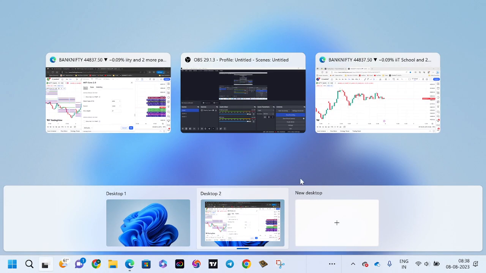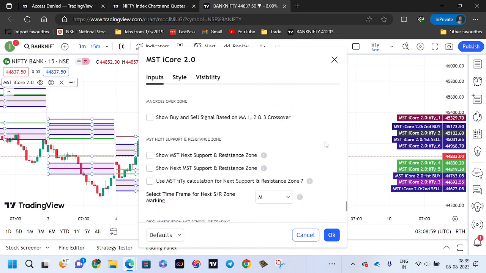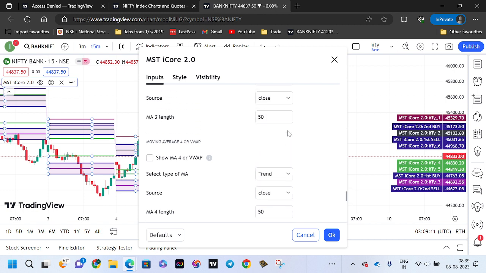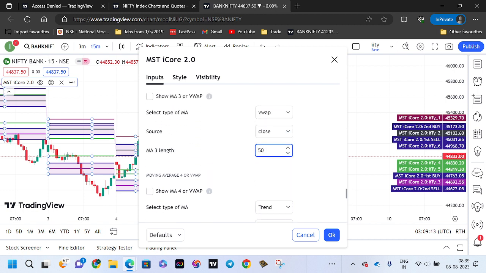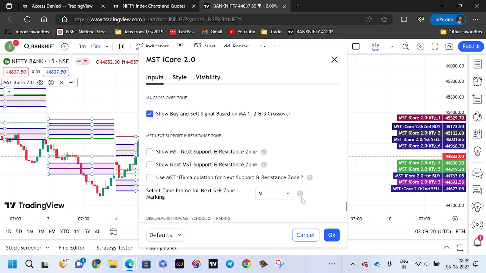Then another one, the moving average crossover strategy. Whichever moving average crossover strategy you are already following, go here, select 1, 2, 3, give the values, whichever values you want, and whenever it crosses you will get the buy sell signal. Wait for the close-based buy and sell entry, because moving average is a repainting indicator.